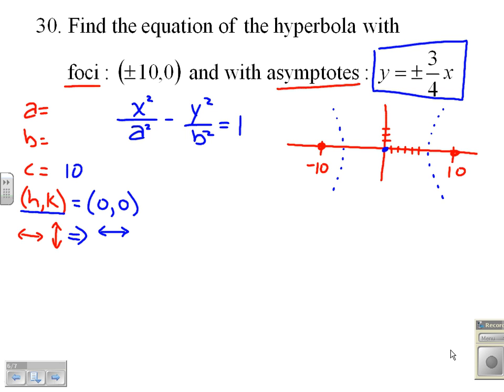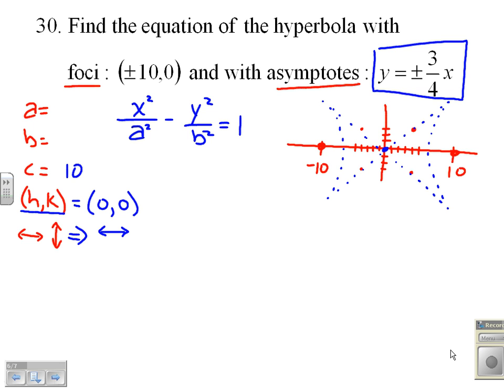I know that my asymptotes would be up 3 and over 4, or down 3. That's 5. 1, 2, 3, 4, 5. Down 3 over 4. Or they could be up 3, left 4, or down 3, right 4. So my asymptotes of this want to look like that.